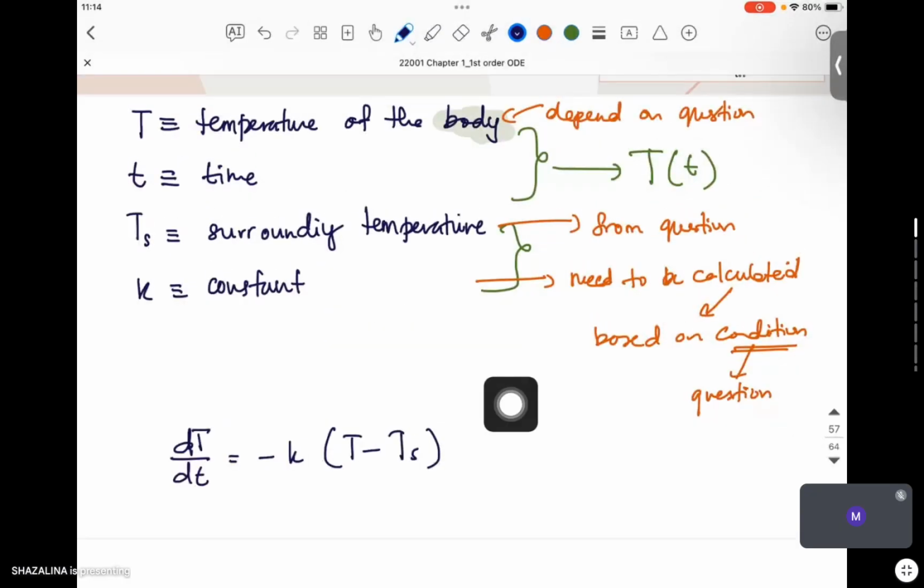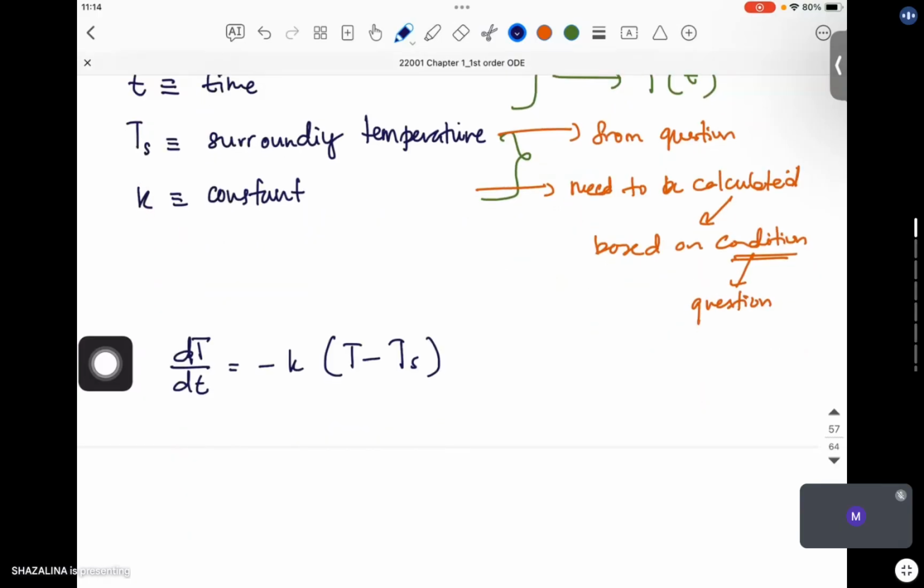Variable, variable, constant, constant. So variable, variable. Ini adalah separable equation. So based on the method of separable equations, we need to separate between capital T and small t.